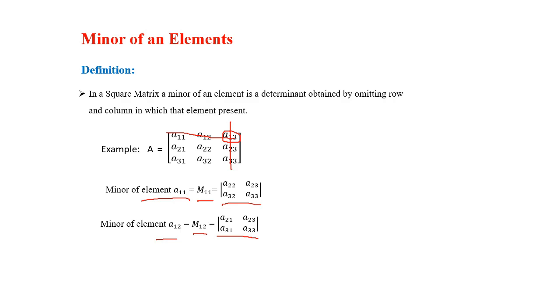This lies in the first row and third column. After deleting the first row and third column, these four elements remain. Taking the determinant of these four elements, we have the minor of this a13, which will be capital M13, and that is nothing but this determinant. So this is the simple definition of minor.